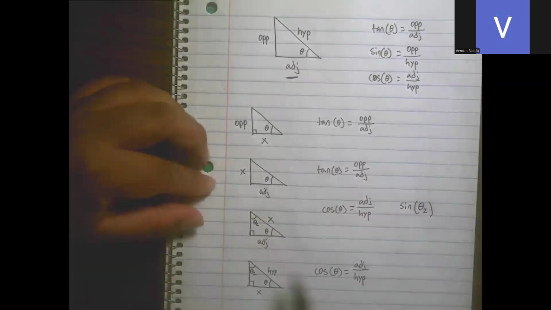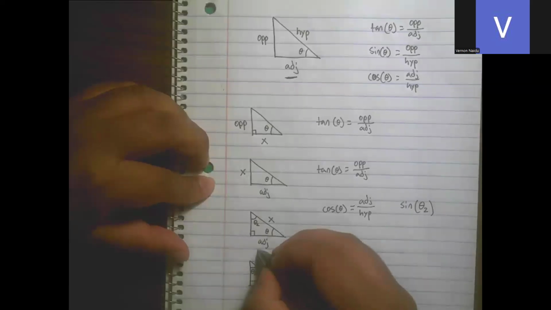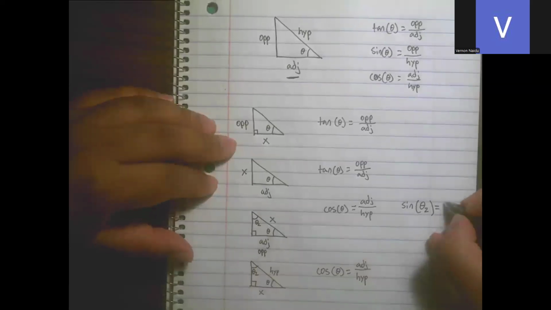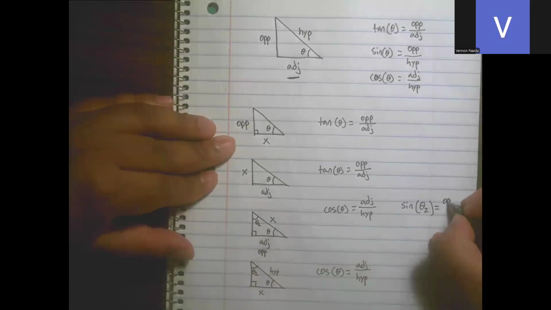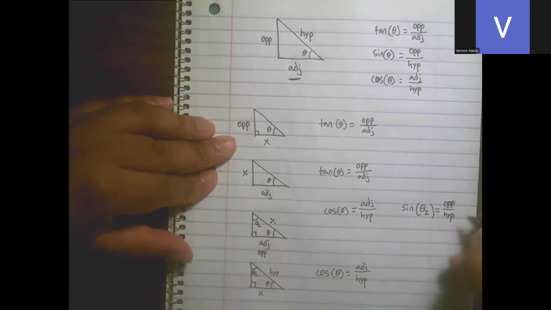Right? Because now this is the opposite side of that angle. It's different. Now it's opposite side. So opposite over hypotenuse. Right?